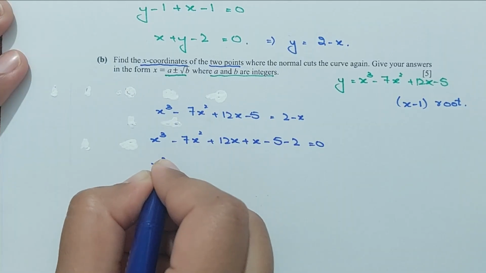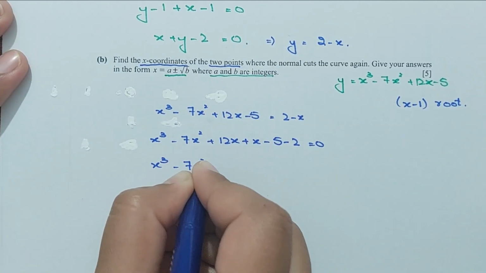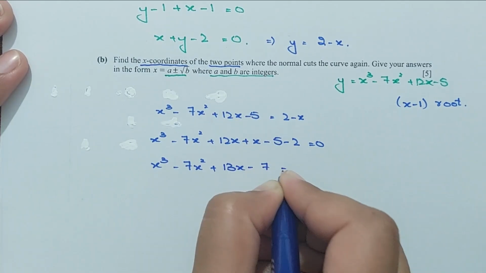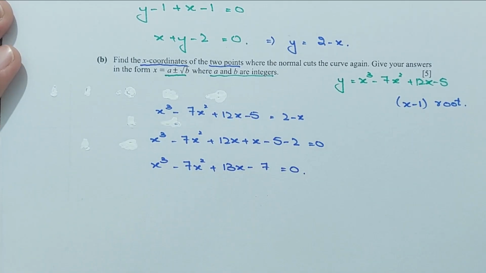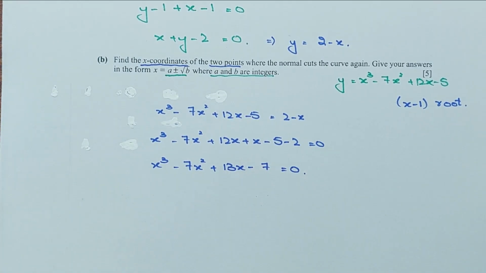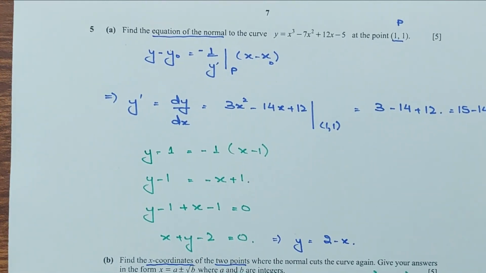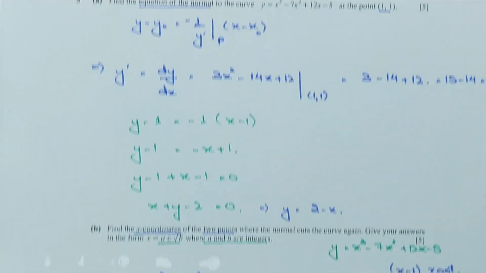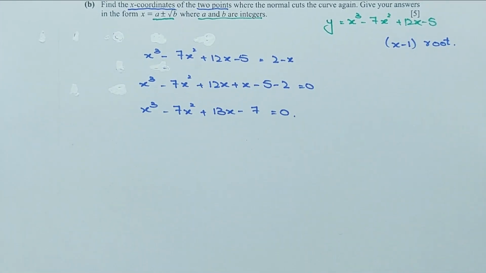So we have x cube minus 7x square plus 13x minus 7 equals 0. Now we use the method of synthetic division because the normal cuts the curve. We have to find the other 2 points where the normal cuts the curve. The 1 point we have is given, at 1, 1. So x equals 1 is the first root.